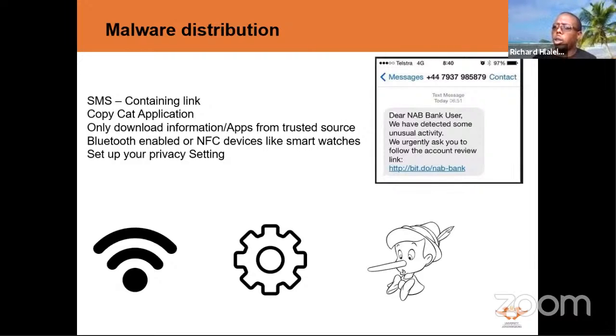So you need to associate the creator of that application with the legitimate company. For example, with DStv, you know that your DStv app should be coming from MultiChoice, not from any other person out there.